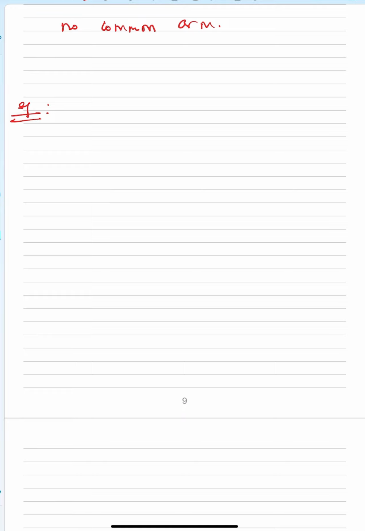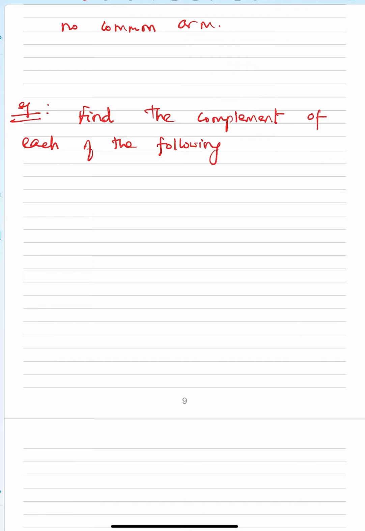Let me take one more example, that is, if one measure of the angle is given and we have to find the complement of the same angle. Find the complement of each of the following angles. I told you that angle B is complement to angle A and angle A is complement to angle B, right? But here only one angle is given to us, that is 70 degrees.